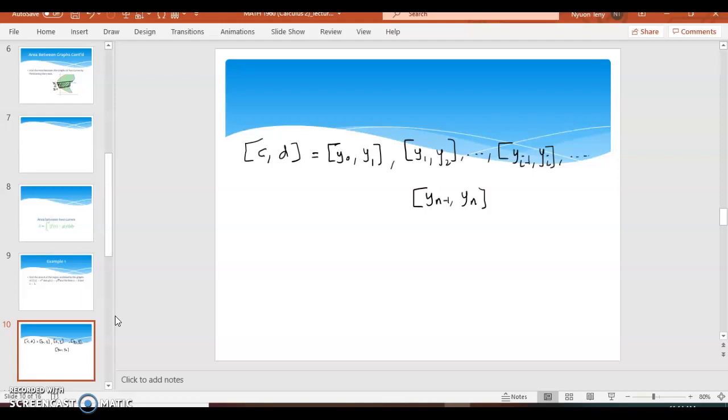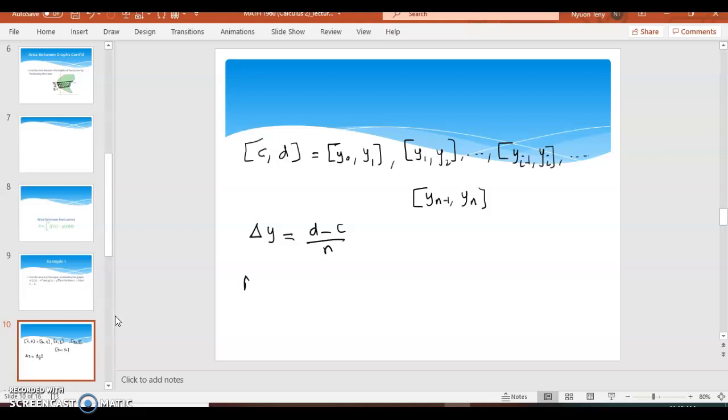Now let's say the height of each and every subinterval is constant, and we call it delta y. So delta y would be d minus c over n.